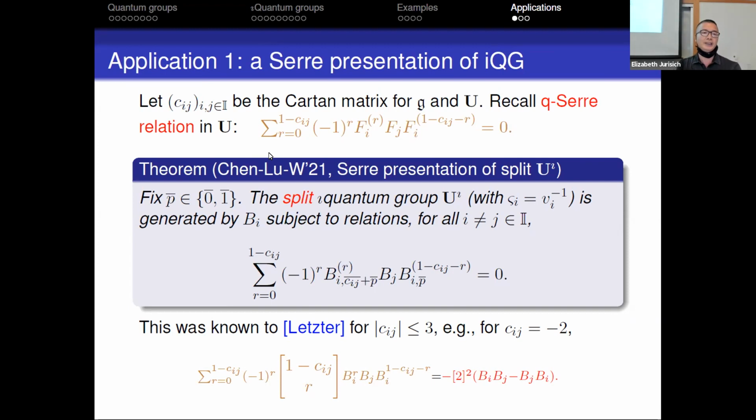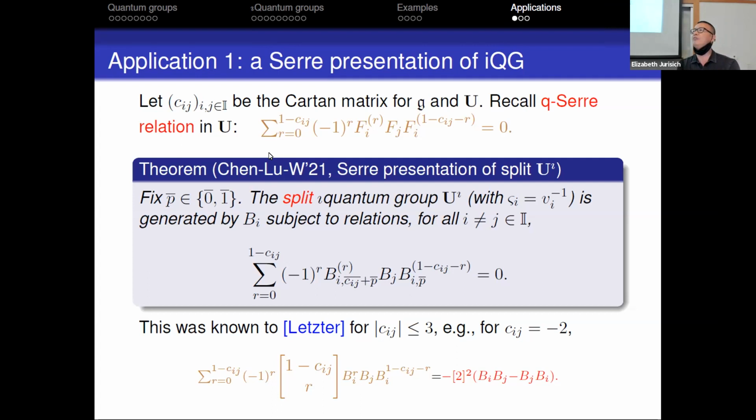The -2 case, if you try to write this Serre relation, the left-hand side like the usual one without using divided power, that's the form it is. Then you try to write the usual Serre relation in terms of F, you replace the letter F by B. That's what the left-hand side looks like. But the problem is the left-hand side, once you replace F by B, is no longer 0.